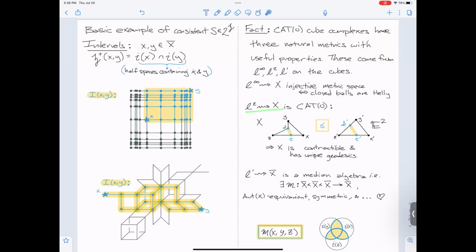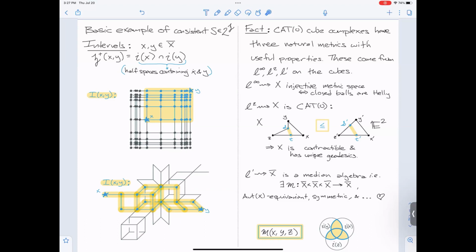The L2 metric makes it a CAT(0) space, which means that geodesic triangles are no wider than those from the Euclidean plane. And this has important consequences of contractibility and unique geodesicity.